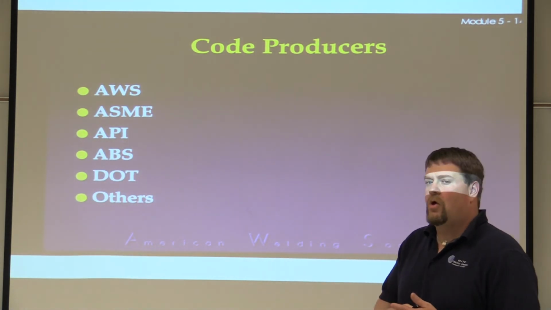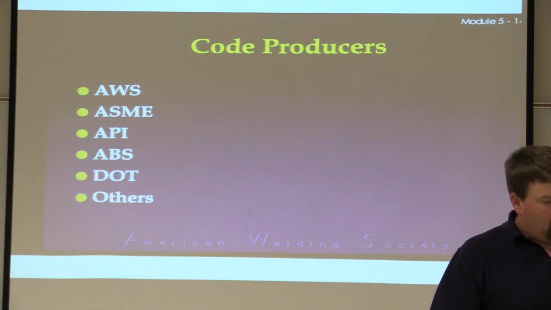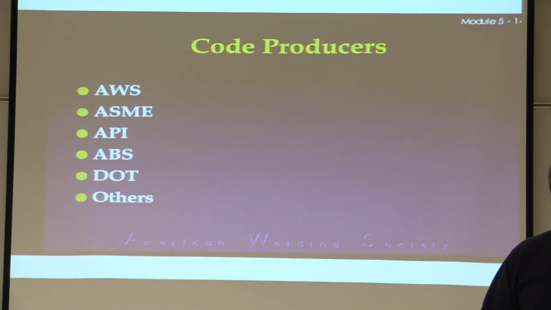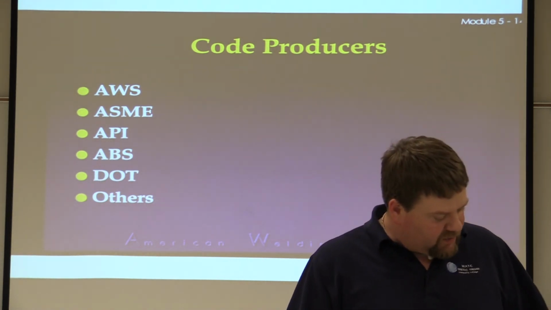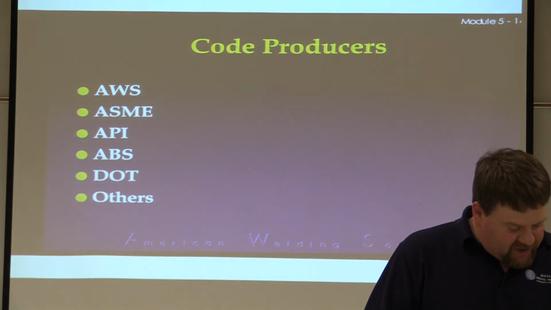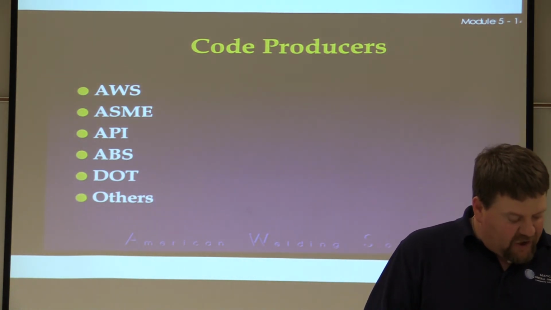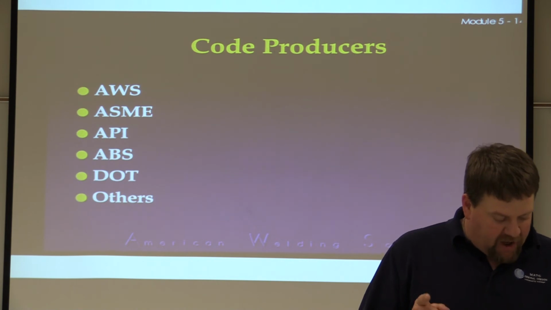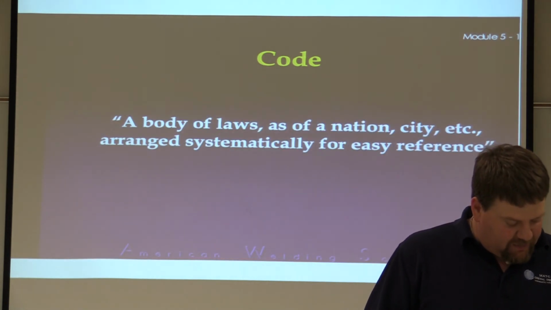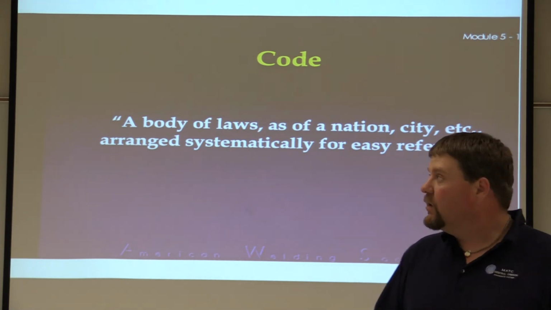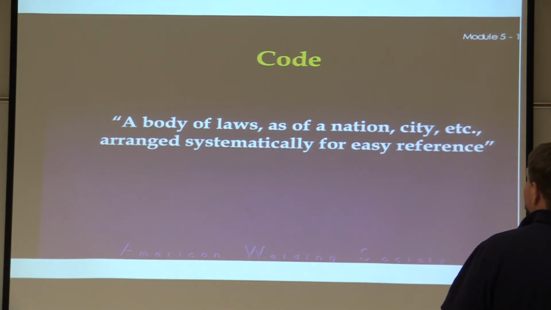Now we need to know which code we're welding to. Okay, before we get there, I want to read you a little blurb about codes on page 5-5. The first category under the heading codes, first category of document to be discussed is a code. By definition, a code is a body of laws, as of a nation, city, etc., arranged systematically for easy reference. Okay?